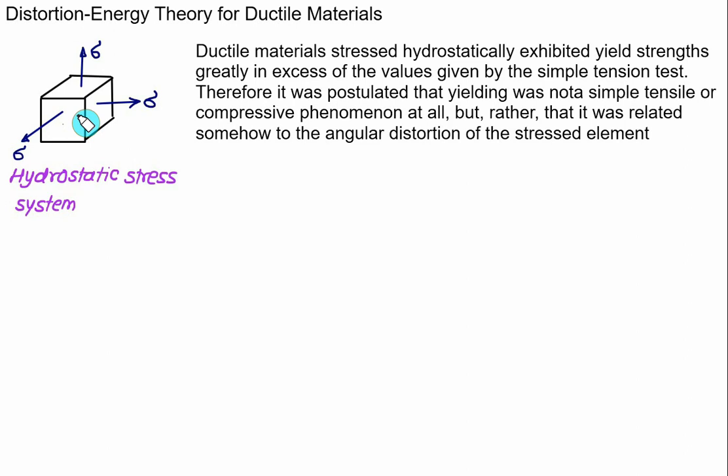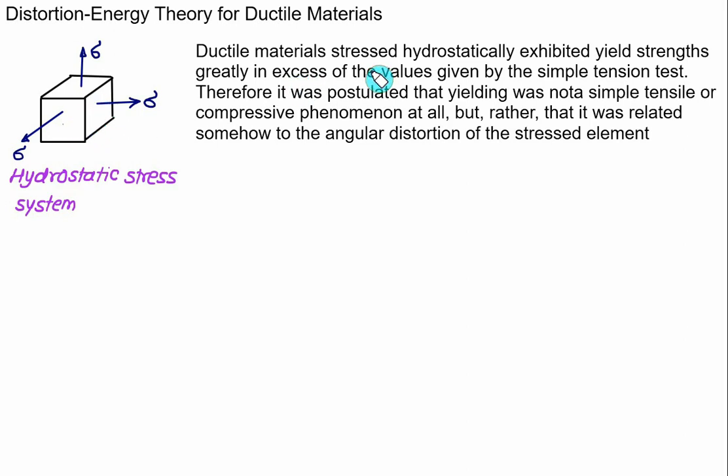basically all the same, they yield at a much higher yield strength than when subjected to non-hydrostatic stress, because the inner layers are essentially not stressed, stretched or compressed. So the yielding phenomenon is not just a simple tensile or compressive phenomenon, it is more probably angular distortion.